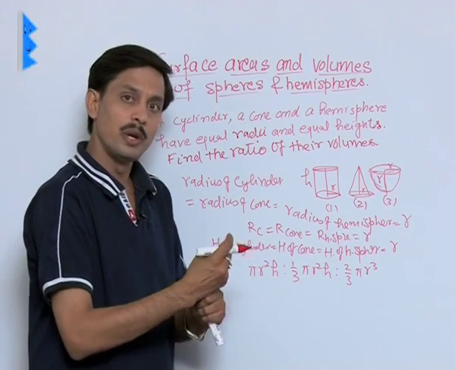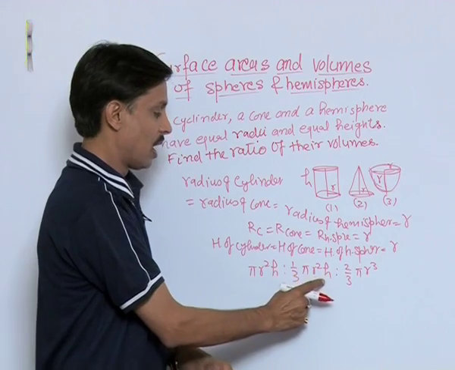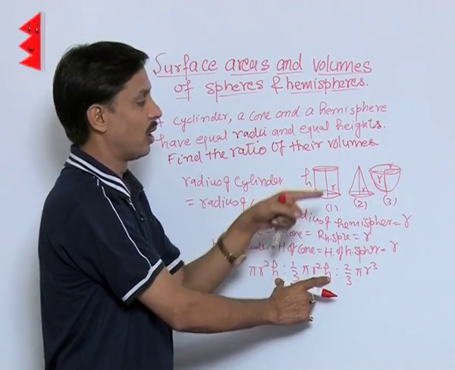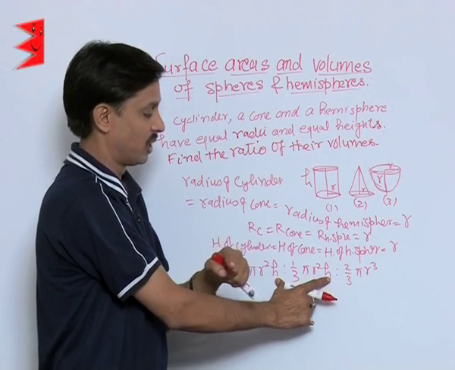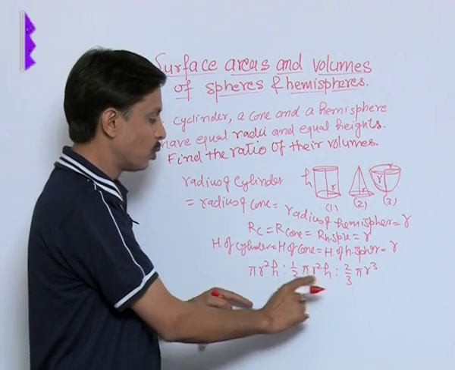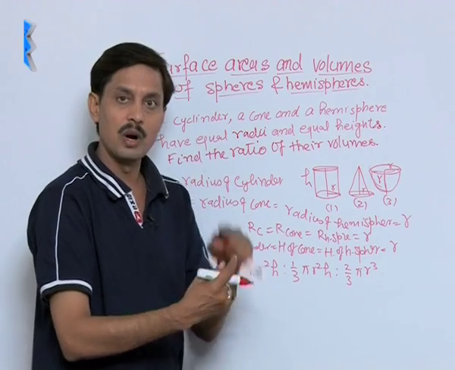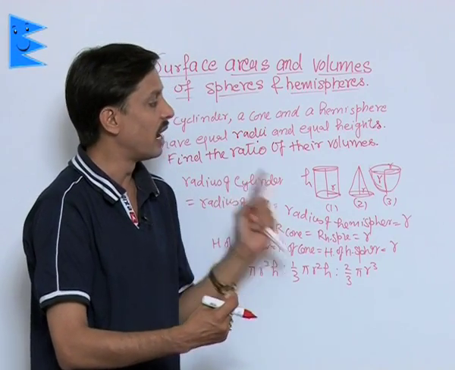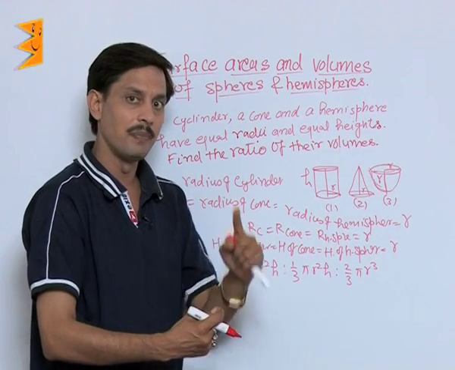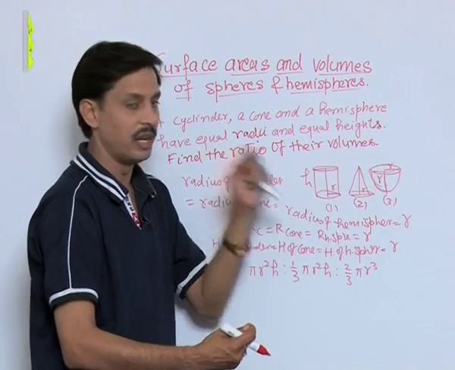Here one thing is to be noted: these two heights are equal, that is, height of cylinder is the same as the height of cone and the same as the height of hemisphere, as mentioned in the question. But the height of hemisphere is always equal to its radius, so these two h will also be replaced by small r, because the three heights are the same, and the height of hemisphere is always equal to its radius.